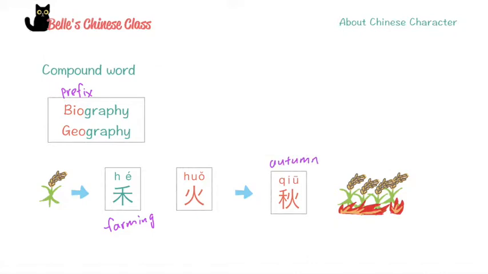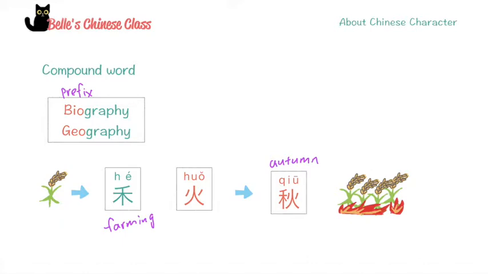Why is it so? That's because in autumn, the farmers will burn the crop after harvest, so the rest of the crops can be used as fertilizer for next spring. Therefore, we combine these two characters 禾 and 火 to make up a new character 秋. Okay, now we know the background of Chinese characters and where these characters come from.